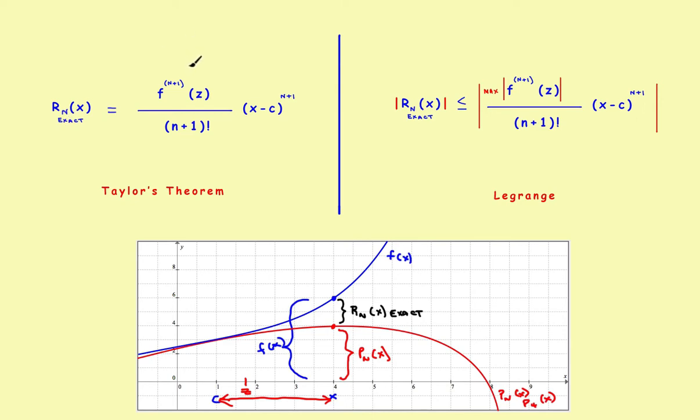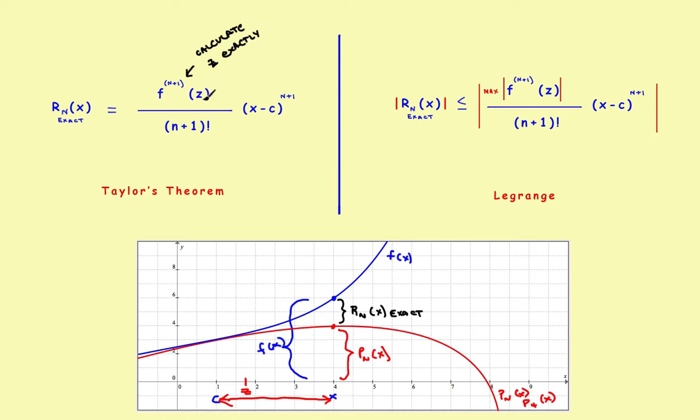But there's a problem with that, and I think I'll do it in black. The problem with this is, when it comes to just this term right here, you have to calculate z, and you're going to get an exact answer. So calculate z exactly.